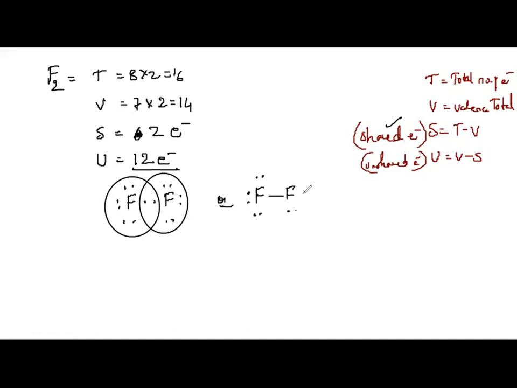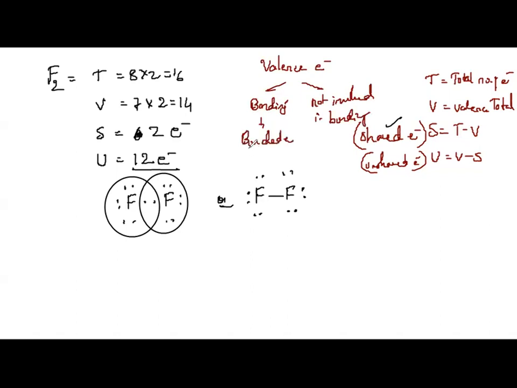Unshared electrons means what? Please do remember, when we speak about valence electrons, there will be 2 types: the electrons which are involved in bonding and those which are not. The electrons involved in bonding are called bonded electrons, or shared electron pairs.